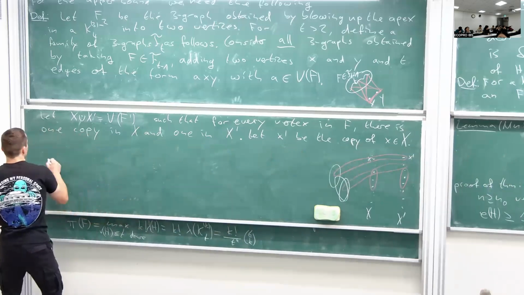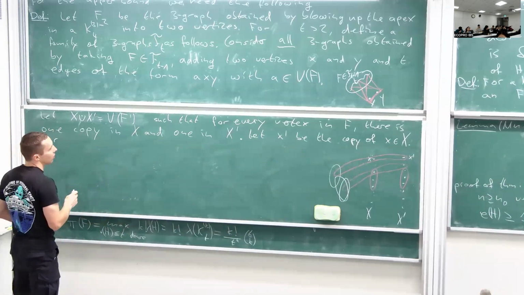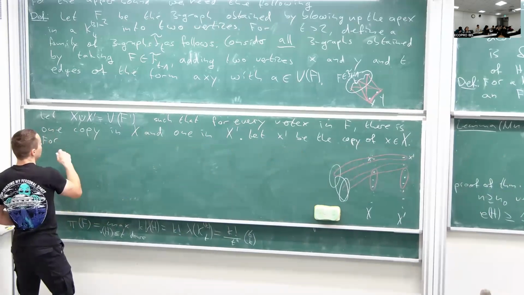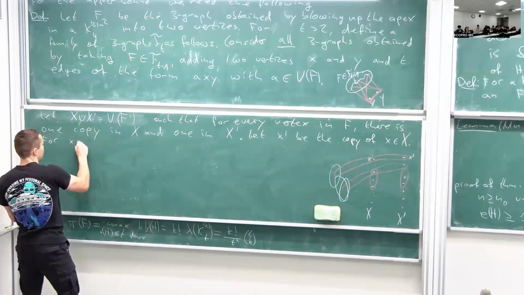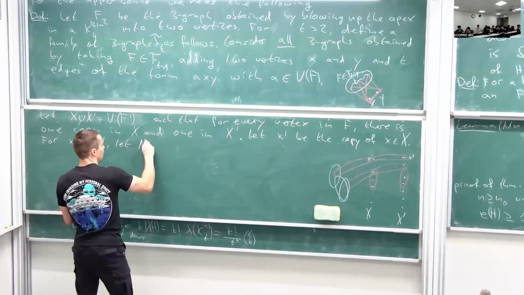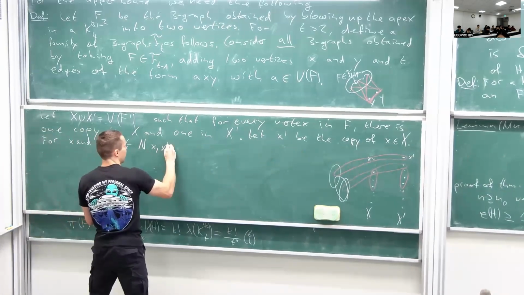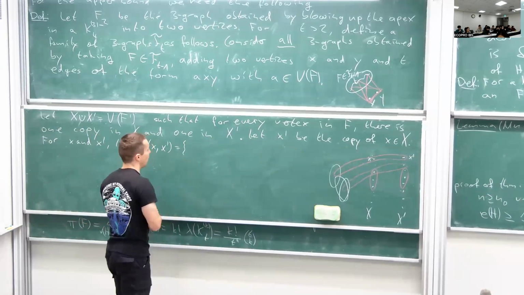So for it's fine. The neighborhood of x and x prime, let it be the co-neighborhood.